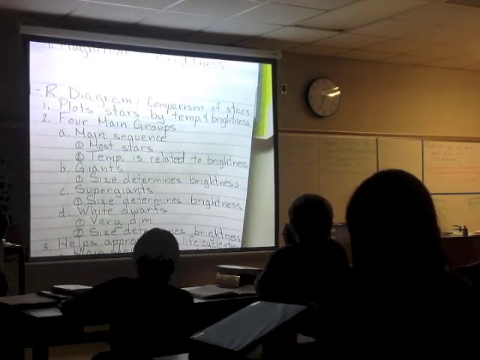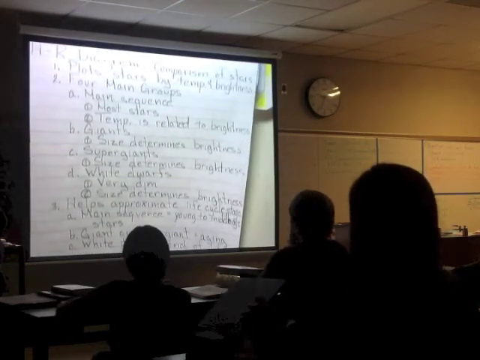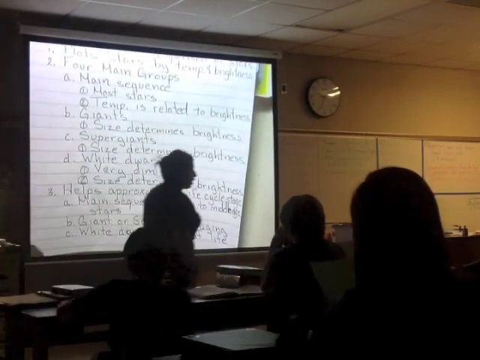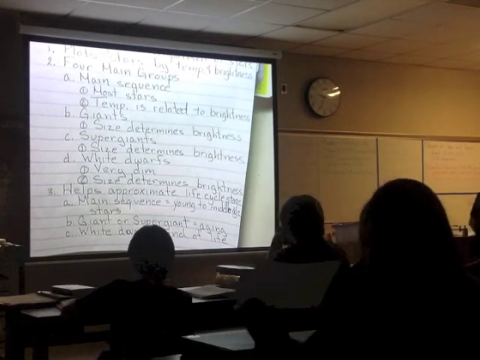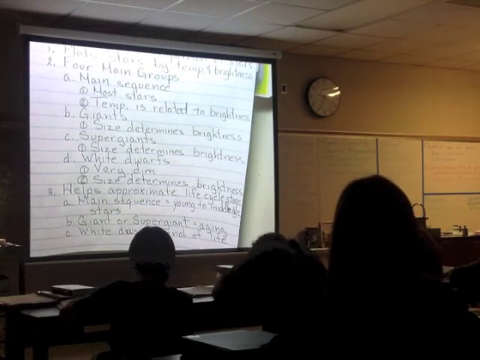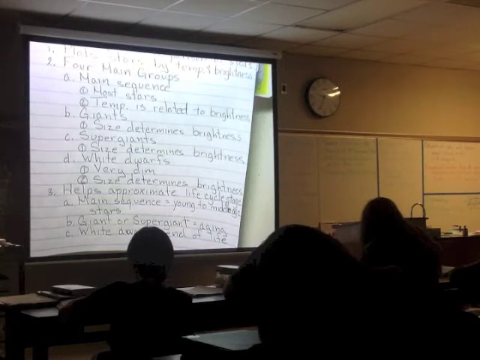So, looking at our four major groups, it also allows us to approximate the life cycle stage of a star. So we can see, is it a young star, is it an old star, is it a dying star? Just by looking at where it is in the HR diagram. Most main sequence stars are young to middle-aged stars.